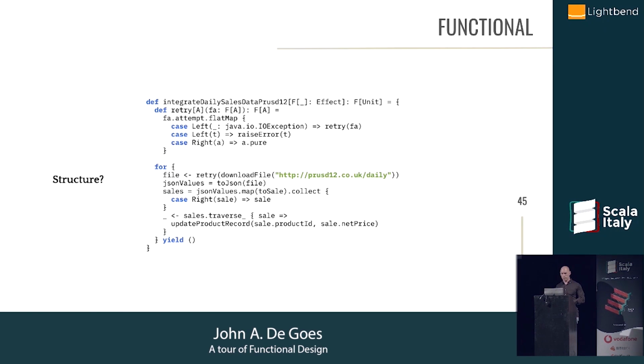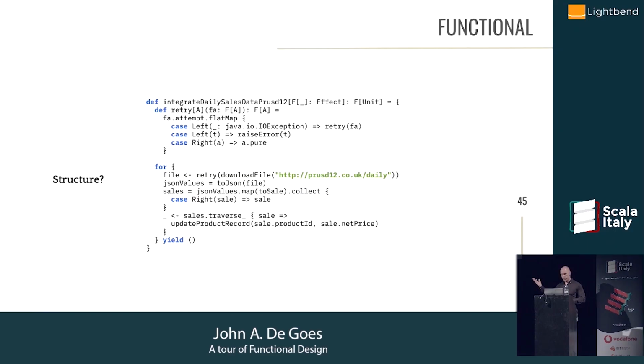So what's the structure of this? Well, there's certainly more structure here. You may have to look harder to see it, but we have things, and these things are being composed together. And those things are these Fs, these functional effects. It's like having futures and composing them together to get other futures. You compose them in a certain number of ways.